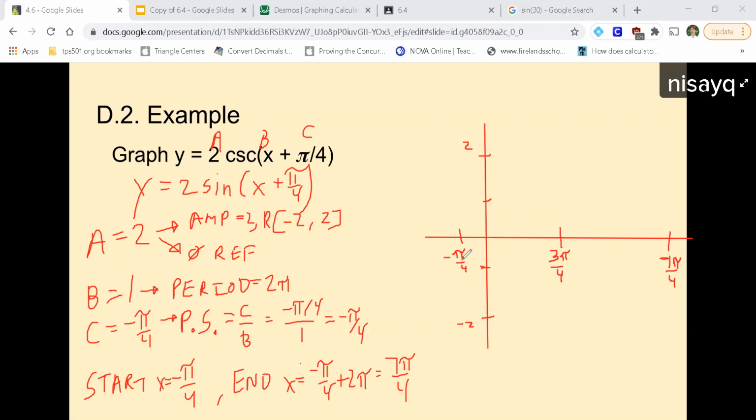Our quarter point, again, add these two together and divide by 2. 2 pi over 4 divided by 2 is pi over 4. And our three-quarter point would be 5 pi over 4. Or basically, if you look, take your period, 2 pi, and divide by 4, and you get pi over 2. So every pi over 2, or 2 pi over 4, is when you move to the next critical point.